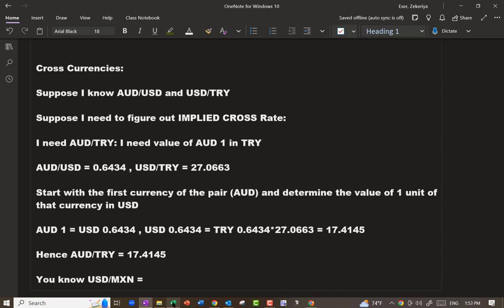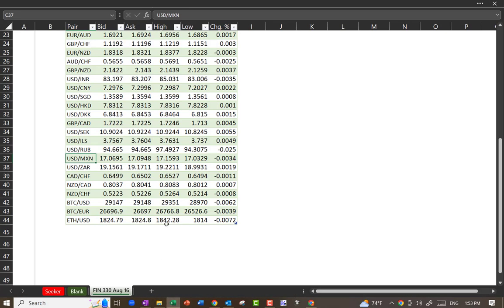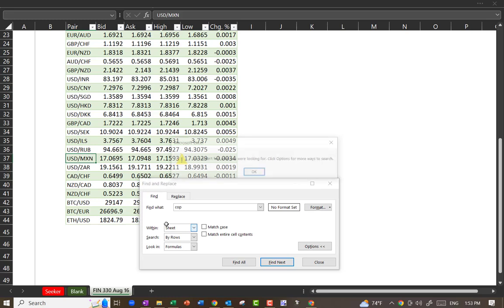When I taught this class last time, $1 bought more than 20 pesos, which was last year. And let me see if Colombian peso is here. No, so let's look at the ZAR, which is right below there, 19.1561.